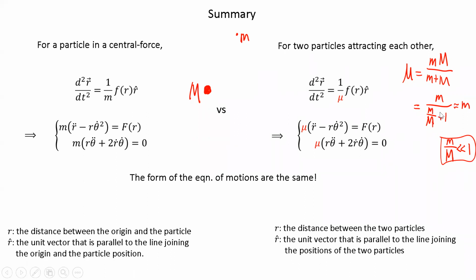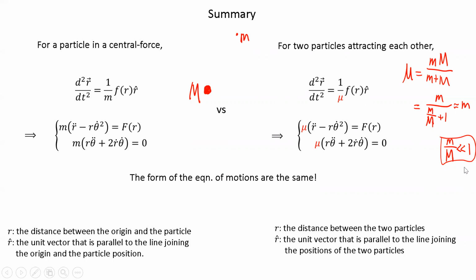So this justifies the approximation we use: if one mass is much greater than the other, the reduced mass of the system is approximately equal to the small mass of your system.